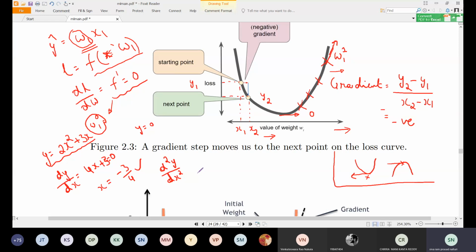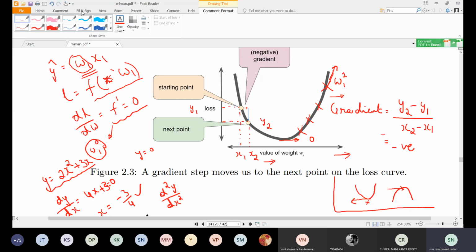So this is in mathematical terms, but let us not focus on the mathematical aspects of this.